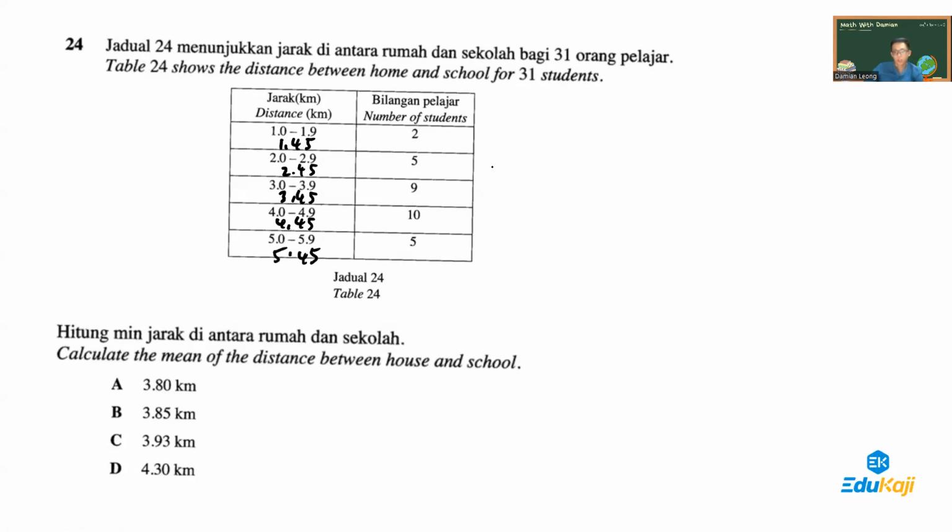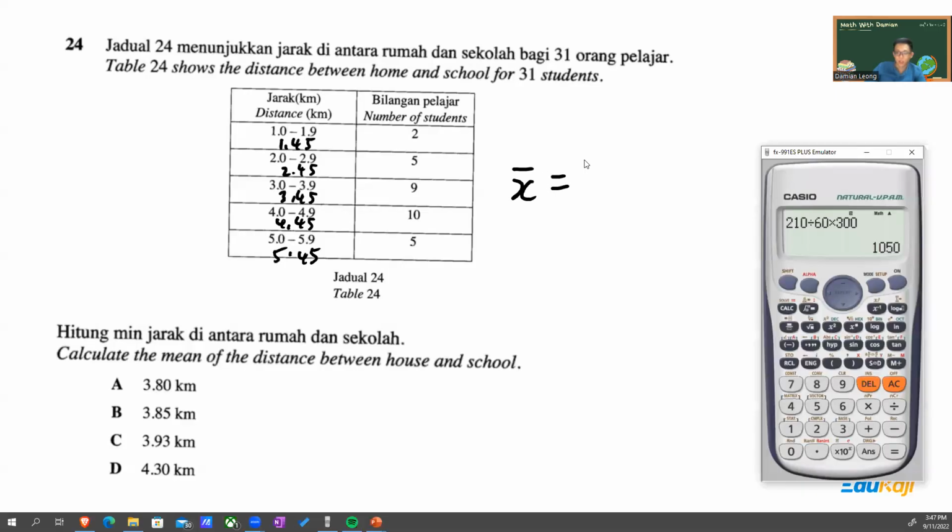So mean will be the sum of the frequency times midpoint: 2 times 1.45 plus 5 times 2.45 plus 9 times 3.45, plus 10 times 4.45 plus 5 times 5.45.